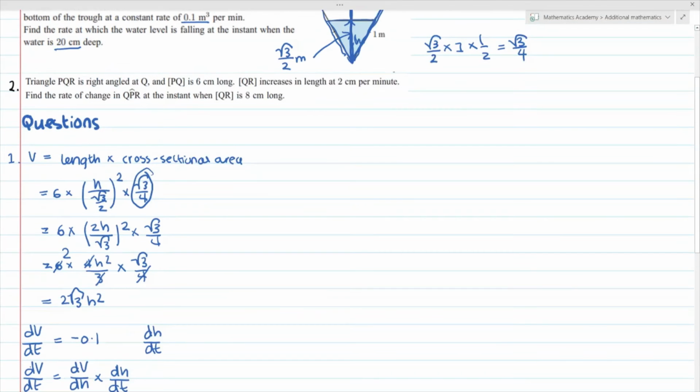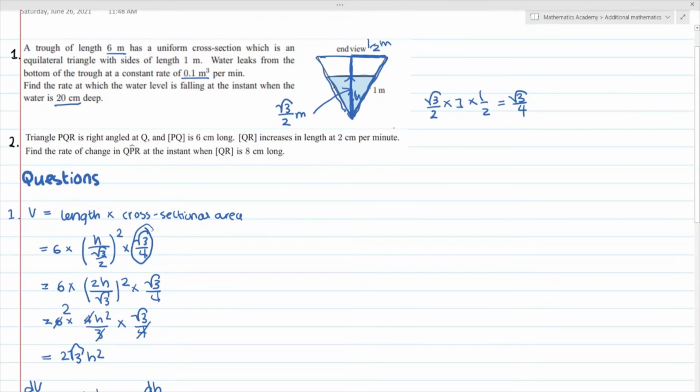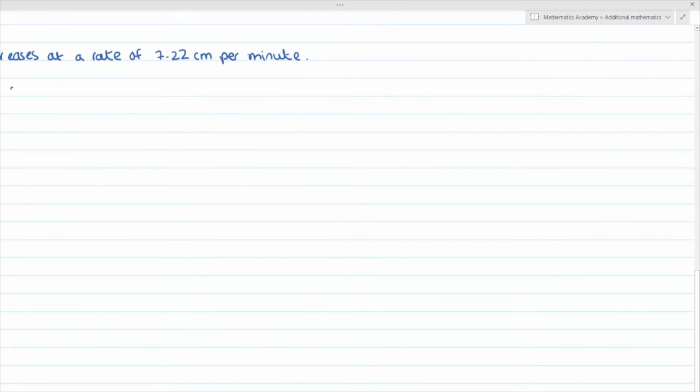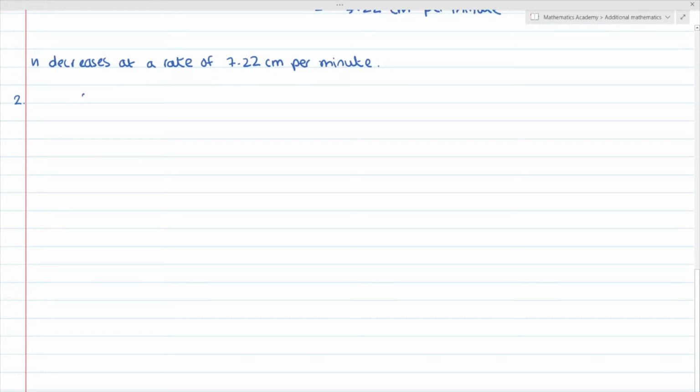That's the first question. Now the second question gives us triangle PQR and some other facts about lengths and so on. So it's useful to read that question. But the setup is as follows. We have a triangle PQR. And we're given that PQ is 6 centimeters.